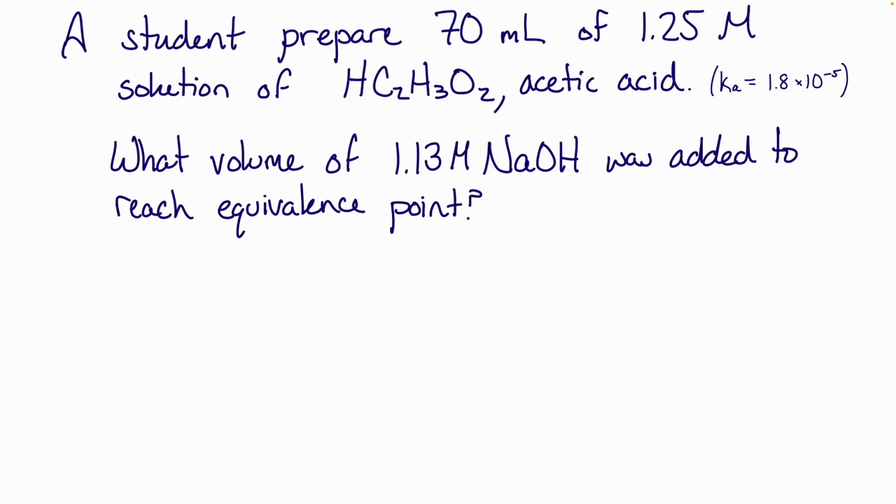So how are we supposed to do this? Well, we got to remember what it means to be at the equivalence point, which means that the millimoles of acid that we had initially are going to equal the millimoles of base that we added. And we're going to be good and say strong base here. I'll show you why in a second.